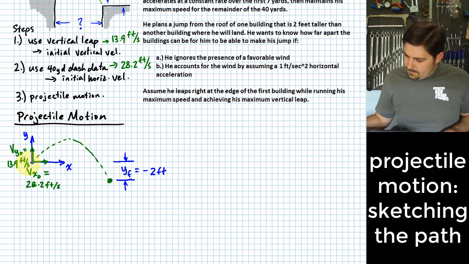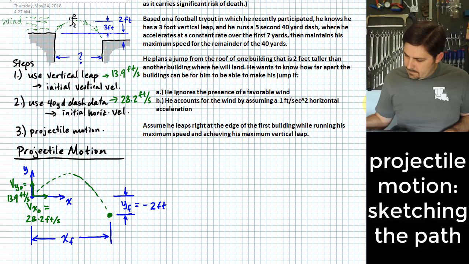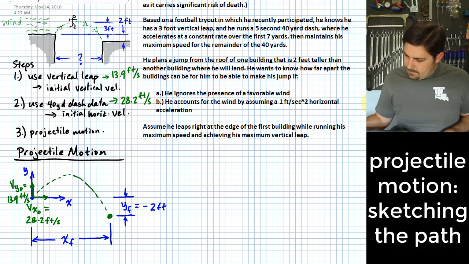Again, that is positive because it goes in that upward direction, which, unless we've done some special definition about what direction we're taking to be positive, we would generally assume these would be our positive directions. All right, we're done with that. Anything else we need to know? One thing would be nice, and that is, relative to our starting point, our final x position, which we can put in as x sub f. We don't know that yet. That's what we're trying to come up with.